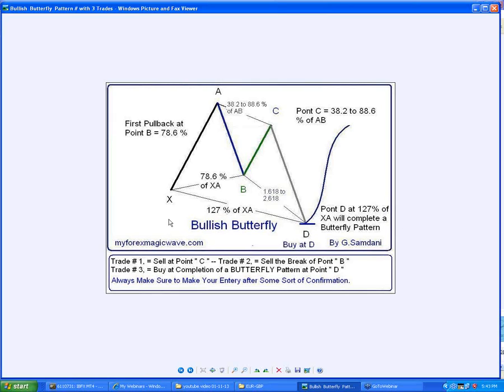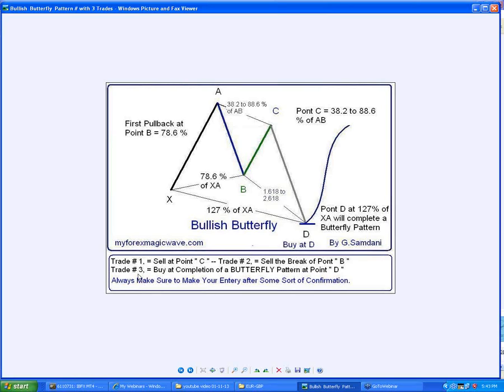But especially for bat and butterfly patterns, where you have the CD leg quite a big one, a large one, I came up with different ideas about trading them, and they are working out very, very fine, beautiful trades, lots of pips.